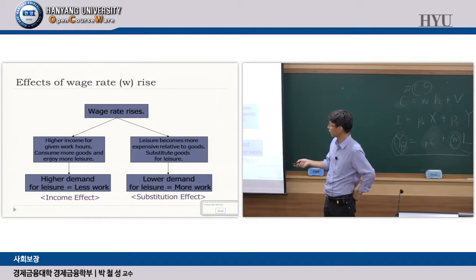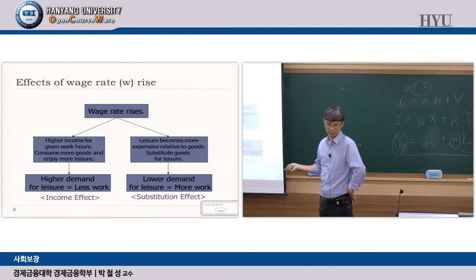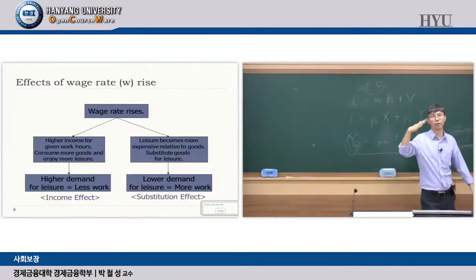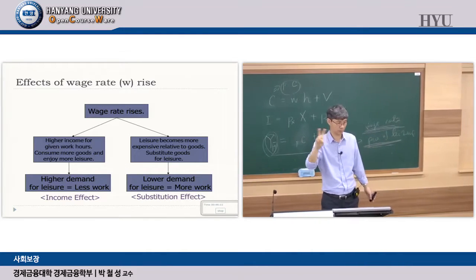This side we call the income effect, okay, for obvious reason. This side we call the substitution effect because this one makes substituting goods for leisure possible. Okay, get it? So when the wage rate changes, there are two forces.